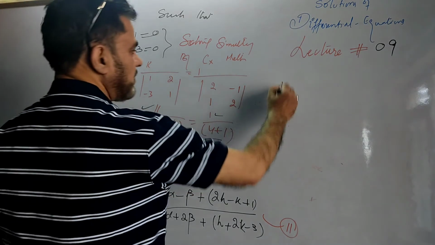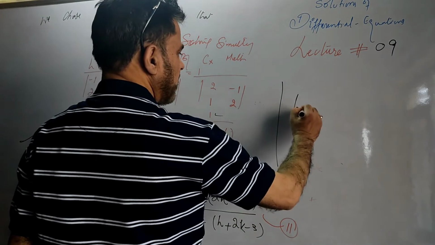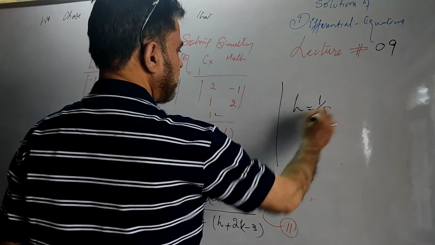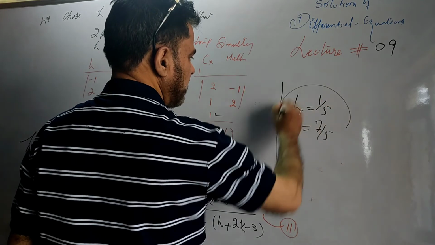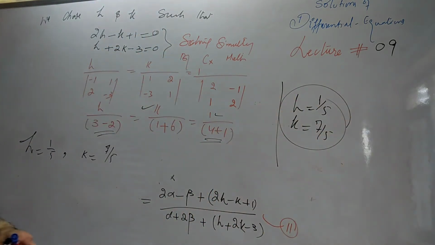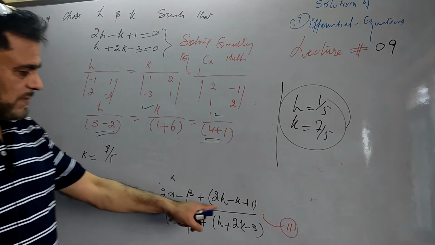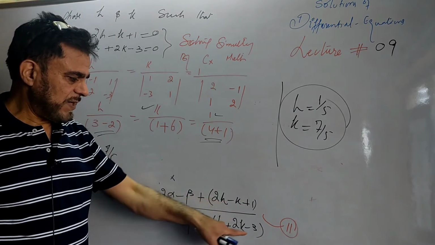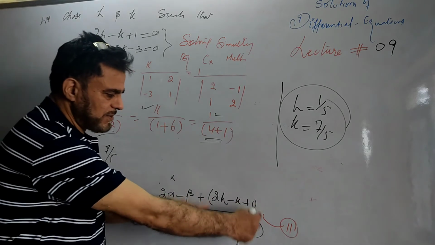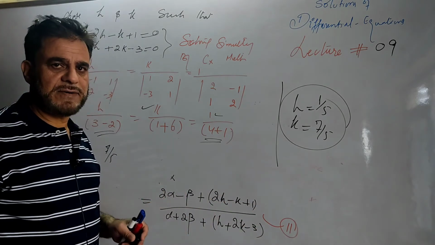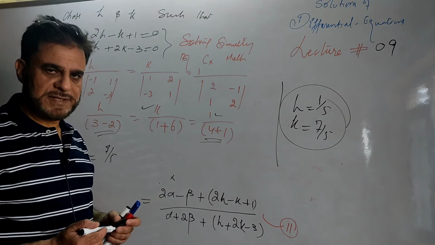Therefore, we have got h is equal to 1 by 5 and k is equal to 7 by 5. When we substitute here, this becomes 0 and this becomes 0, because we have chosen h and k such that this is 0, this is 0, by the method we have already explained in the previous lecture.